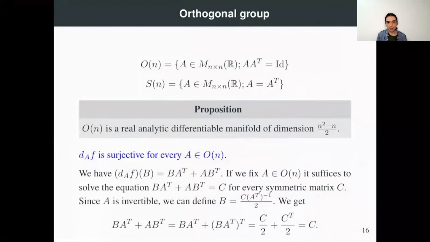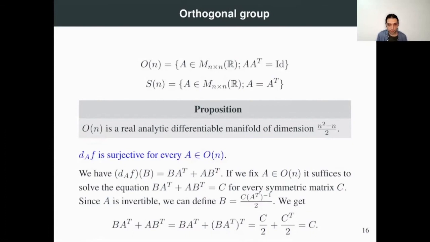So let's do that. We have actually reduced a problem that is not so easy, showing that the orthogonal group is a real analytic differentiable manifold, to a problem of linear algebra.